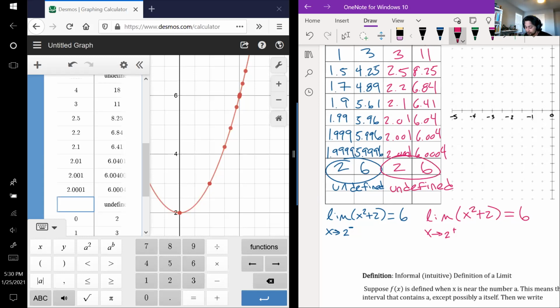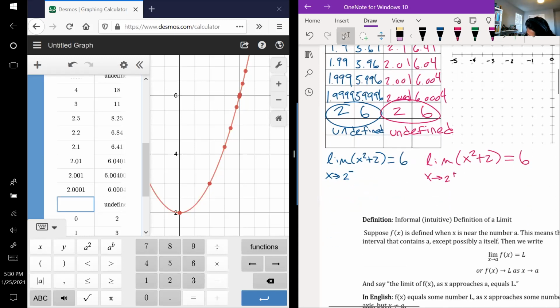So to put that in writing, we're going to say, the limit as x approaches 2 from both sides. So this time, there's no plus or minus anywhere. So if you ever just see the number as x approaches a number, it's asking you to approach the limit from both sides.